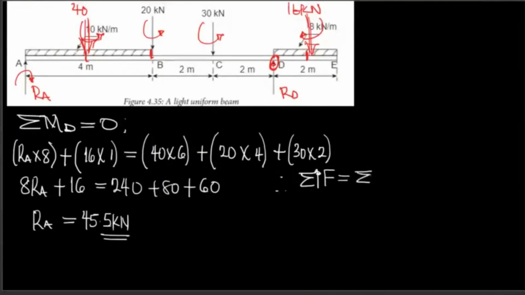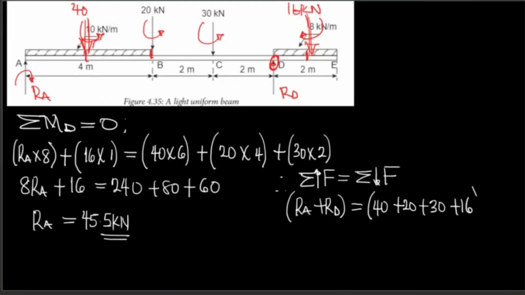So let's calculate the second reaction. We can use summation of upward forces equals summation of downward forces. So the upward forces is RA plus RD equals to the downward forces, which is the point loads 40 plus 20 plus 30 plus 16.